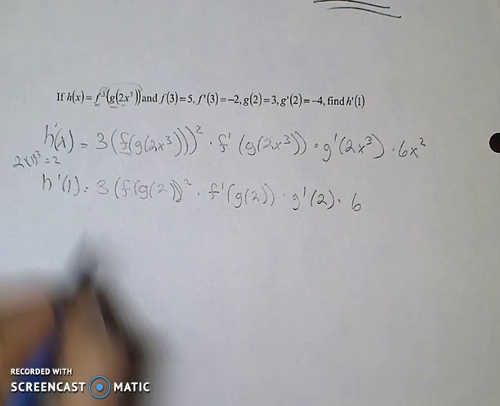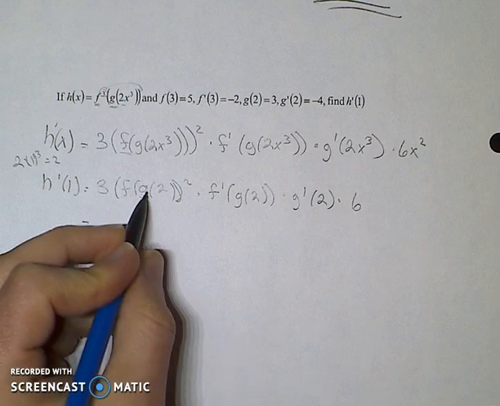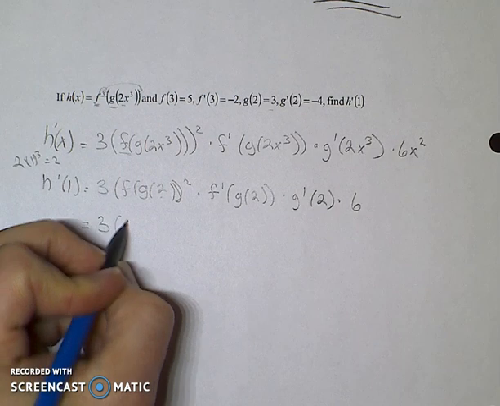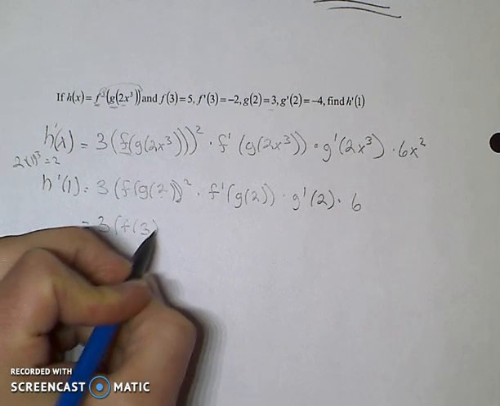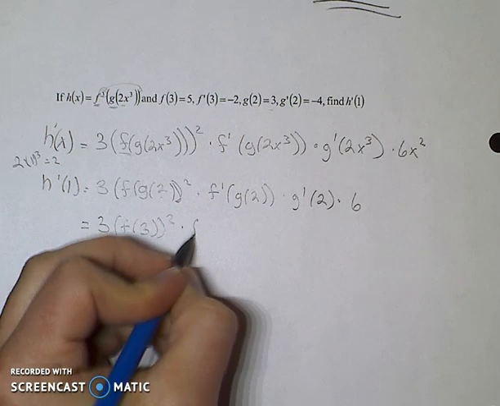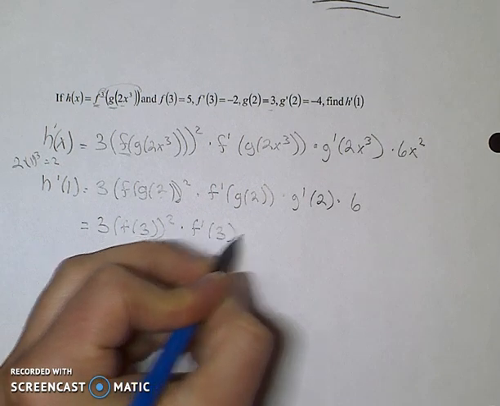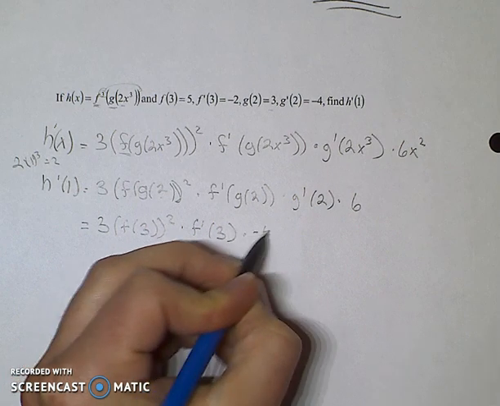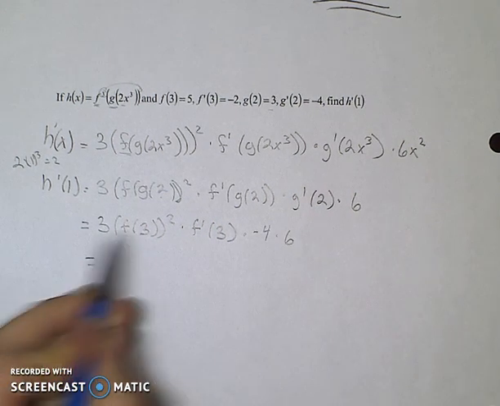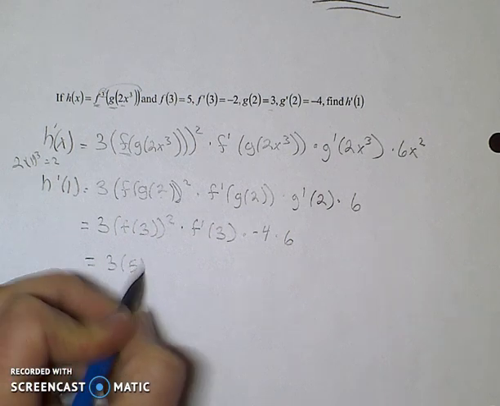And so we are going to get g of 2, which is 3. So 3 times f of 3 squared. G of 2 is 3 again, so we're going to get f prime of 3. G prime of 2 is negative 4, so times negative 4 times 6. F of 3 is 5, so 3 times 5 squared.